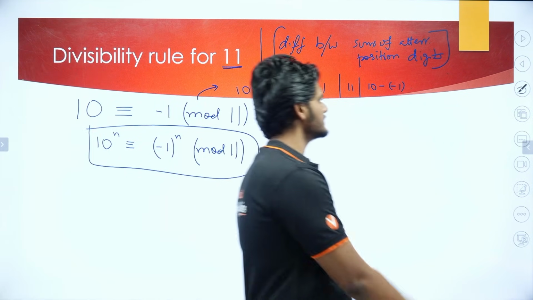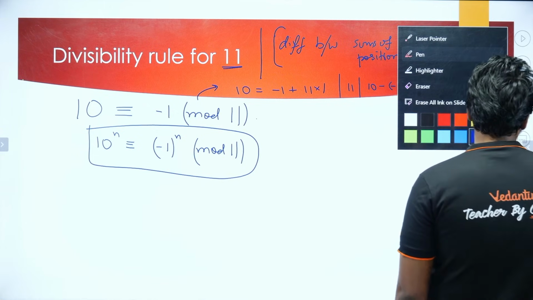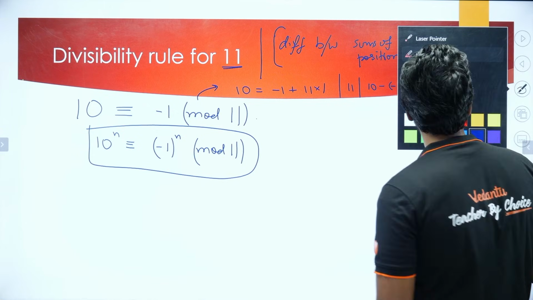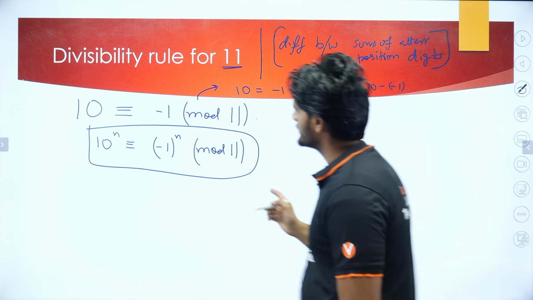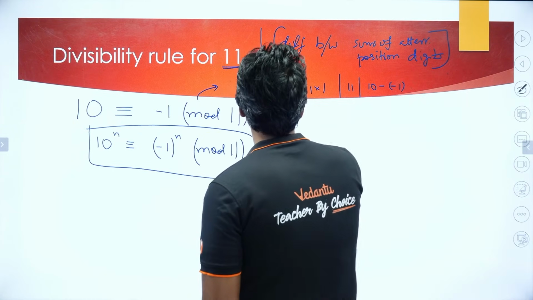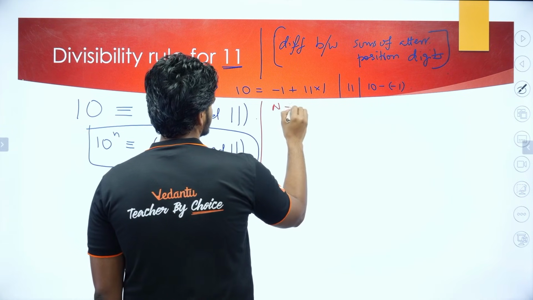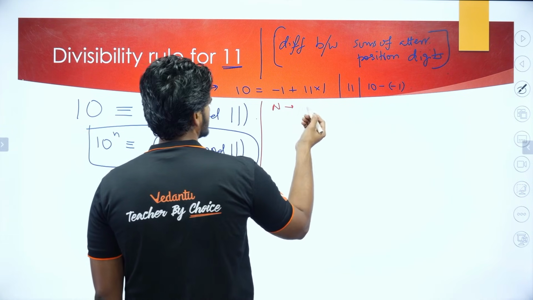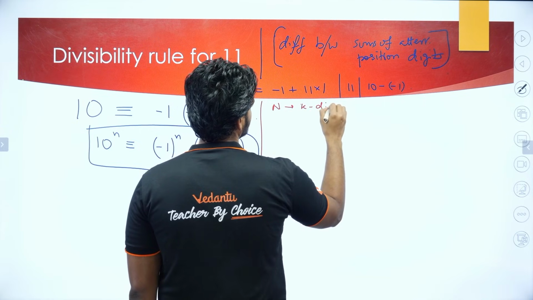Now we use this to prove our divisibility rule of 11. Any number, let's say n, is a k digit number.